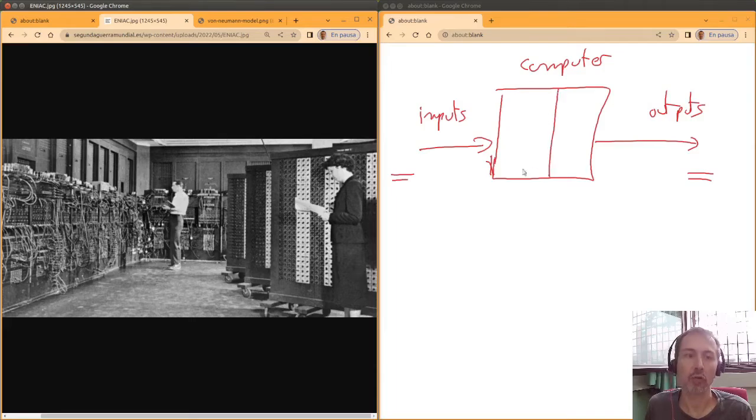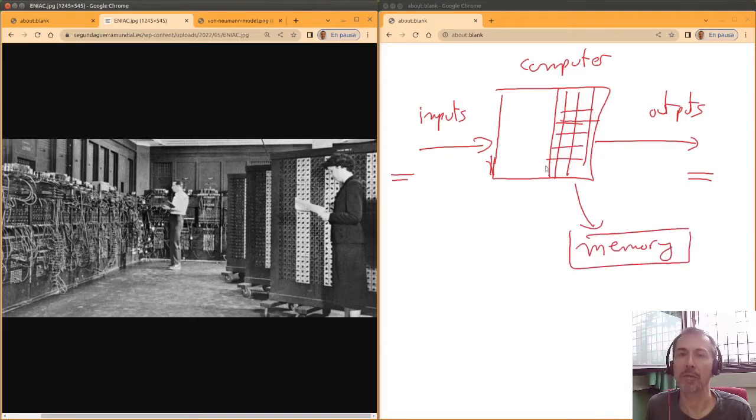The computer had a lot of parts. You can see this was very big, but it had some working memory, memory to store intermediate results. So the computer was able to remember, for example, the result of a computation when doing another.